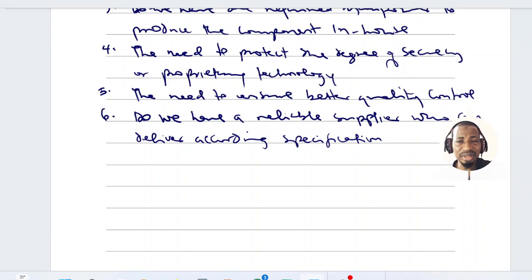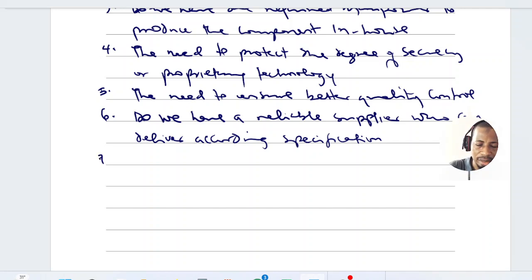Possibly it is an existing component or product that you now want to contract to an outside supplier. So you must ensure that you have a reliable supplier who can deliver based on your own design, the way you want it to be, your specification. If the outside supplier cannot meet up with the specification, then you may decide to produce internally.